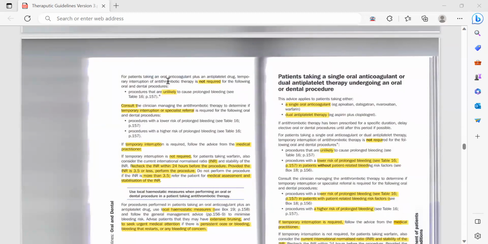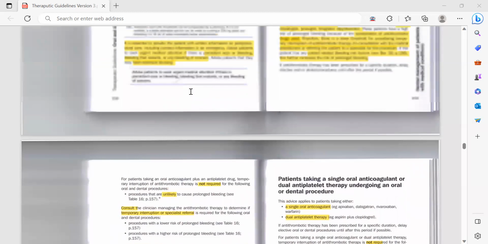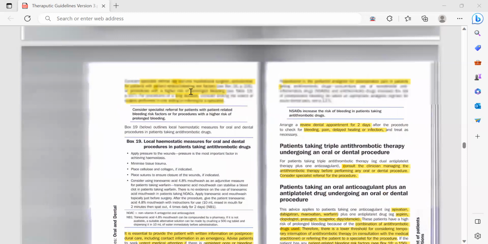So for a patient taking an anticoagulant plus an antiplatelet drug, temporary interruption of antithrombotic therapy is not required for the following oral and dental procedures. Which procedures can you perform without any interruption? The ones unlikely to cause bleeding.